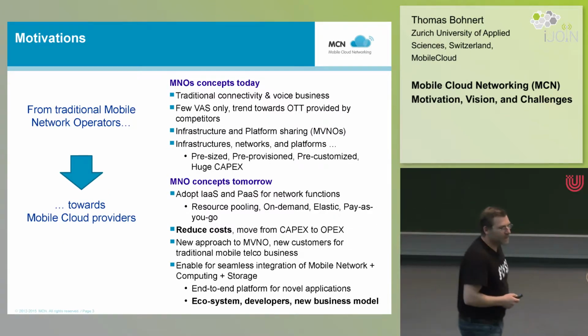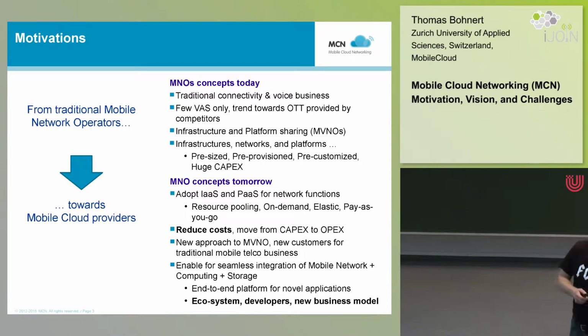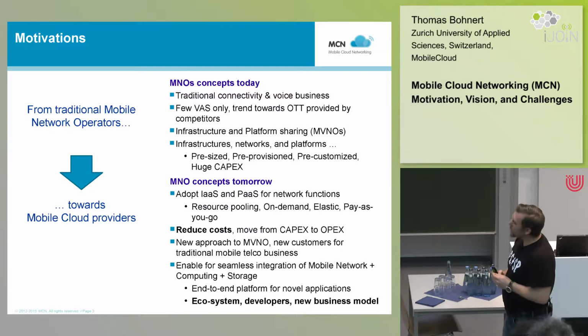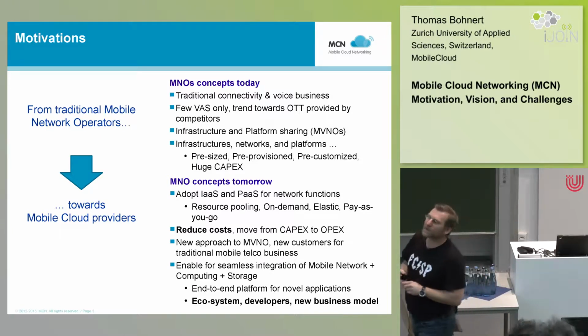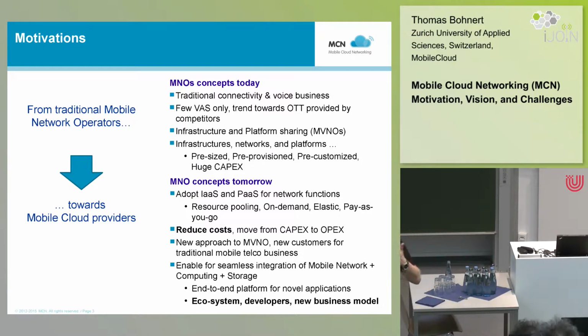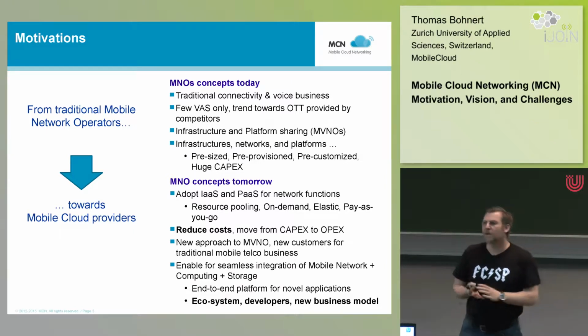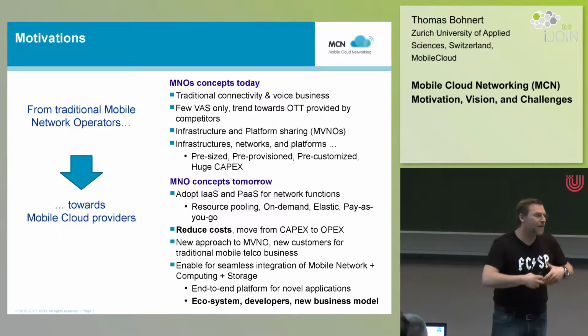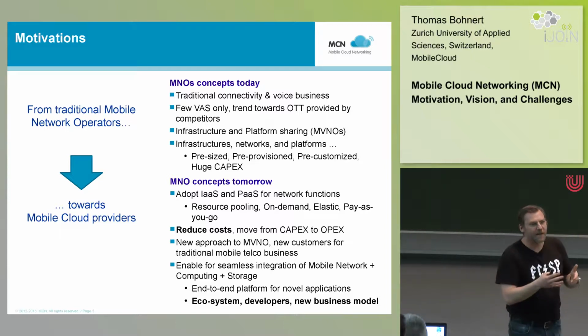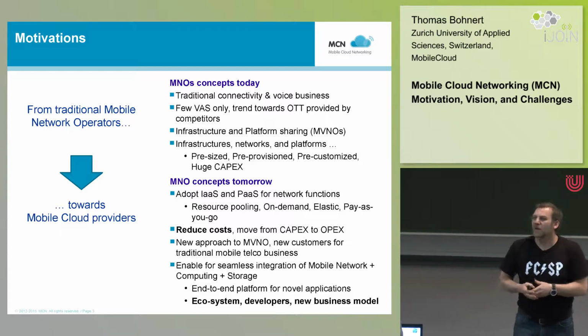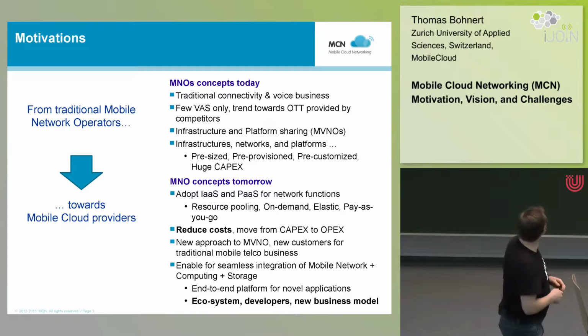So, the baseline of this idea was looking at the mobile network operators' concepts today. It's a highly static environment. There are no concepts like on-demand, self-service, virtualized, server consolidation, and these kinds of things. Many things are engineered dedicatedly for one particular purpose, are very expensive, and so forth.